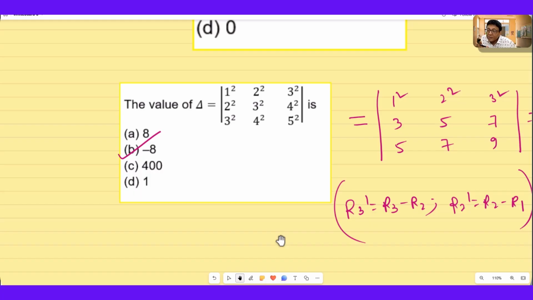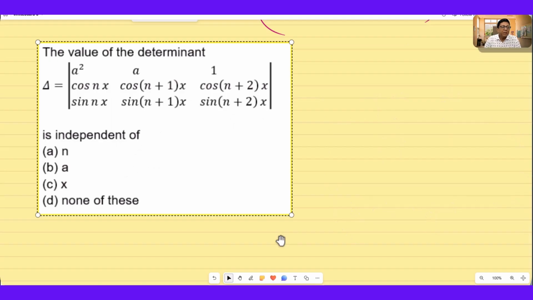Two consecutive sums are taken based on similar property mainly, just to make you habituated to all the operations. The value of the determinant is independent of what? Three variables are there, n, a and x. On what quantity it is not dependent, that we have to find.